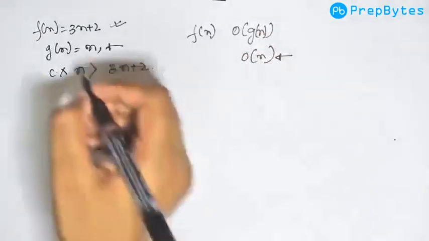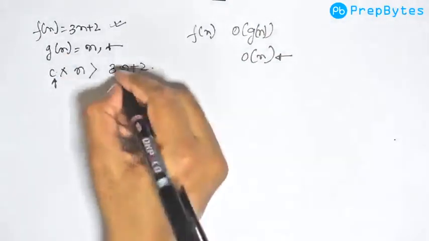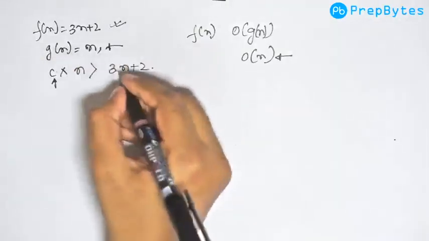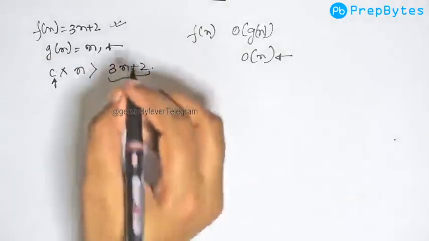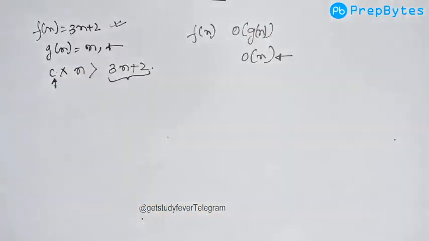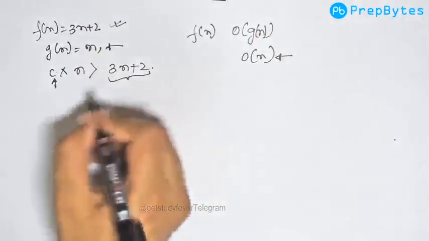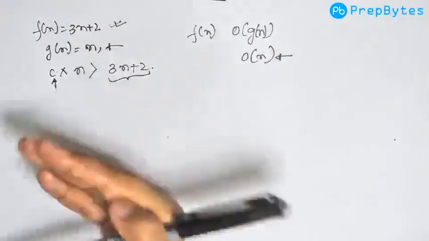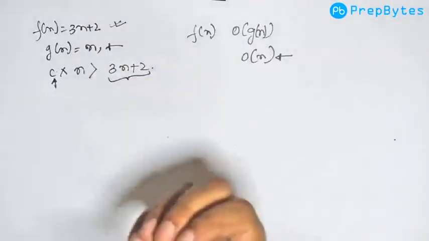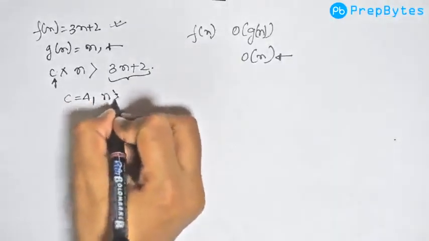Then what do we need? We need some c such that c into n is greater than 3n plus 2. So we want such c and n naught. Let's say c is equal to 1. Okay, no, that won't work. After you do such substitution or trial method, you find that c is equal to 4 and n is greater than 3.